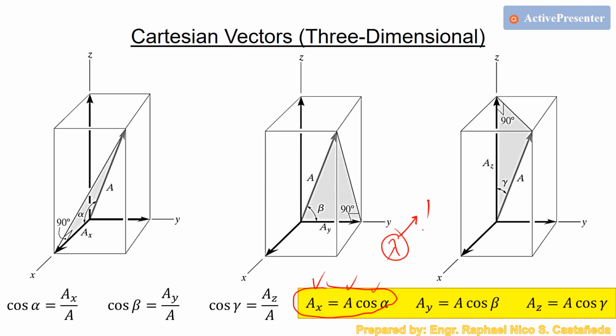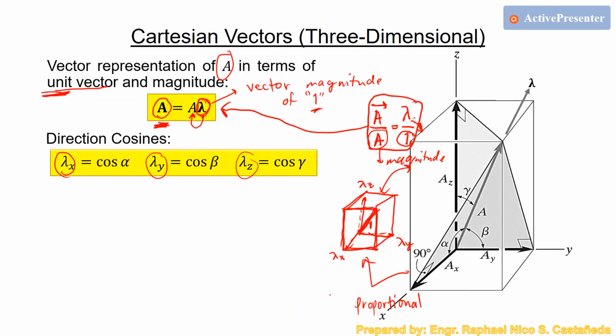Remember the magnitude of lambda is 1, and its components are lambda X, lambda Y, and lambda Z. So basically, A is replaced by 1, and Ax, Ay, and Az are replaced by lambda X, lambda Y, and lambda Z. We have 1 here, but we don't need to write it. 1 is the magnitude of lambda, and we have the same angles, since this unit vector has the same direction as vector A.